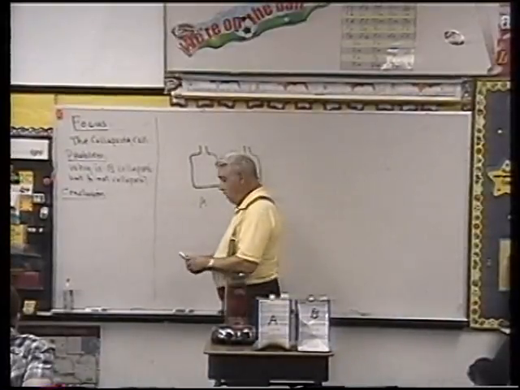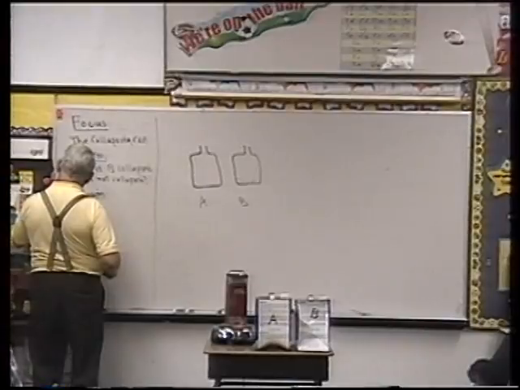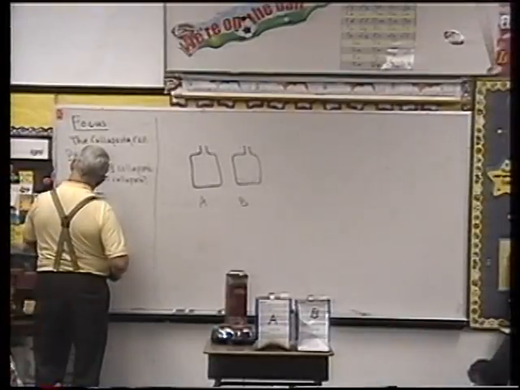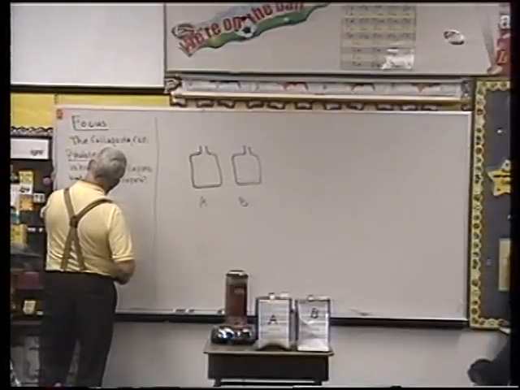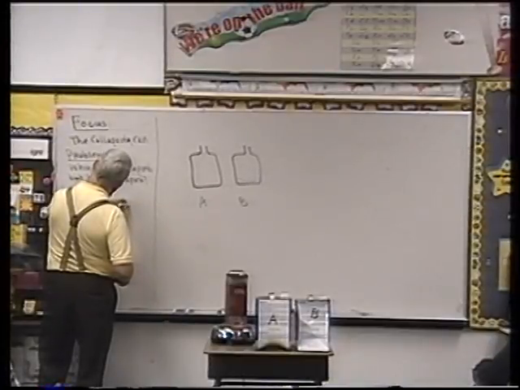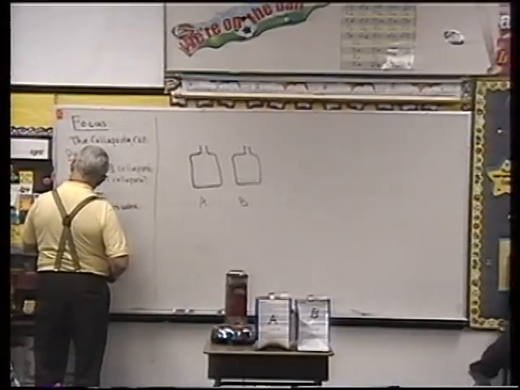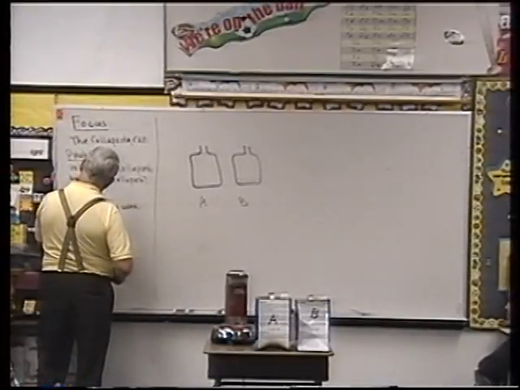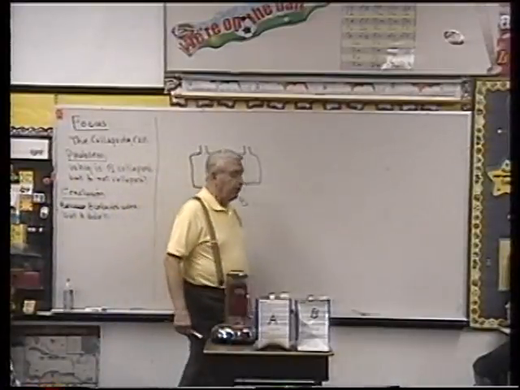We have enough data already to write a tentative conclusion because B contained water, but A didn't. Okay, we can call that valid and reliable.